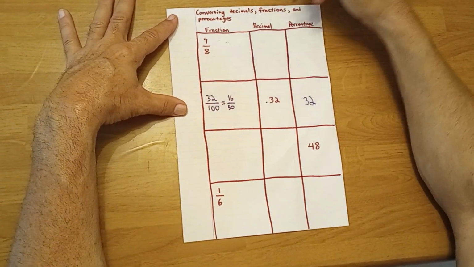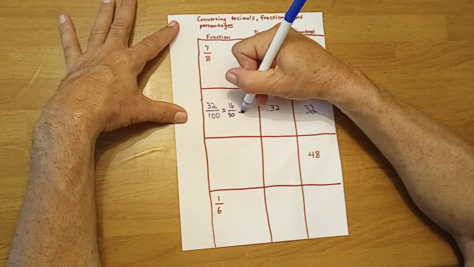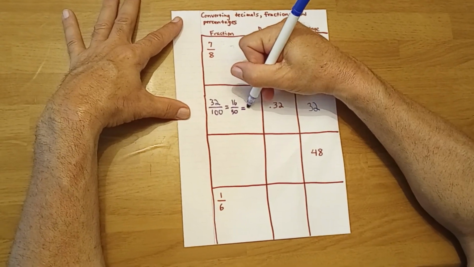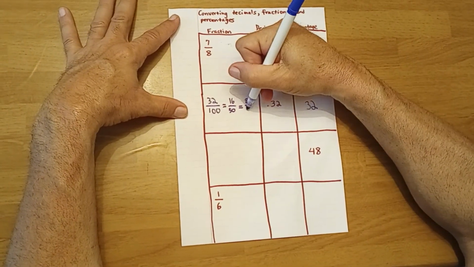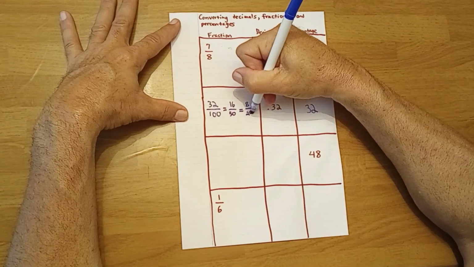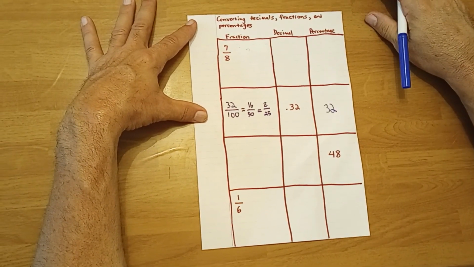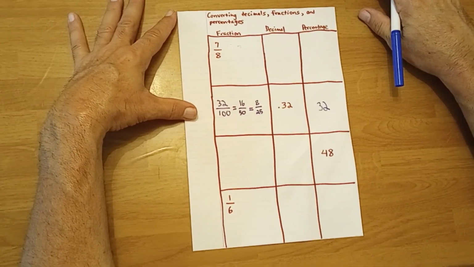And we see that we can still reduce that. 16 divided by 2 is 8. And 50 divided by 2 is 25. So the fractional equivalent of 0.32 or 32% is 8/25.